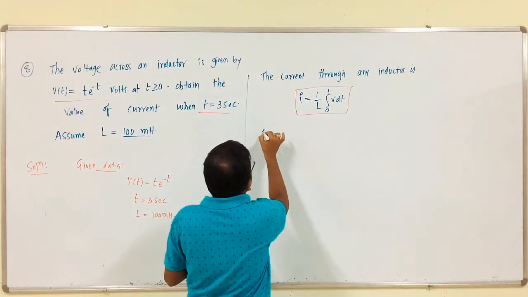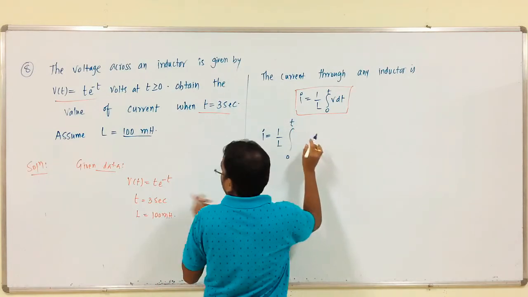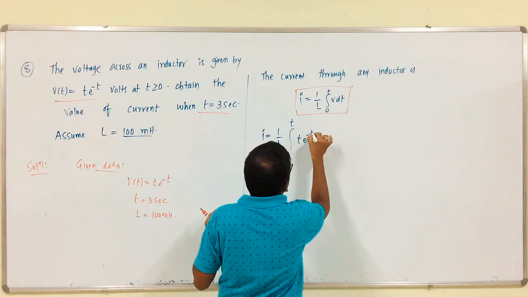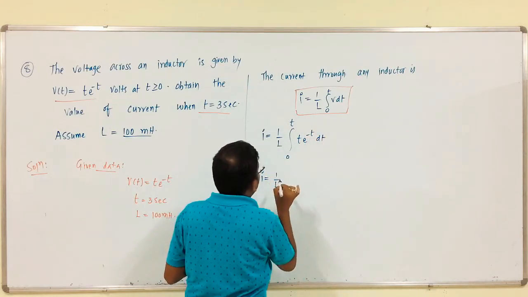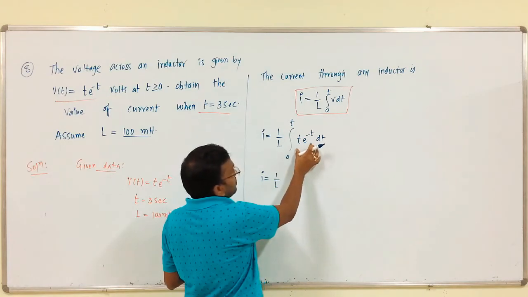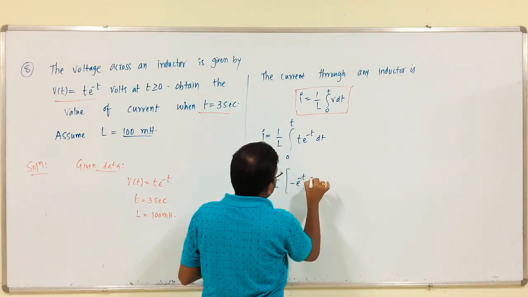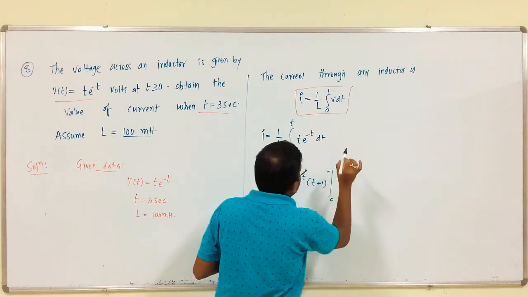So, from this I is equal to 1 by L integral from 0 to t of V of t dt, which is nothing but t into e power minus t dt. So, I equals 1 by L times the integration of t into e power minus t, which is nothing but minus e power minus t times (t plus 1), from 0 to t.